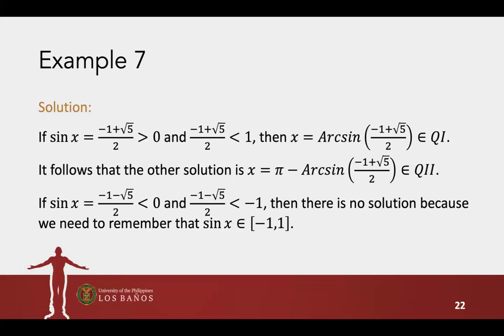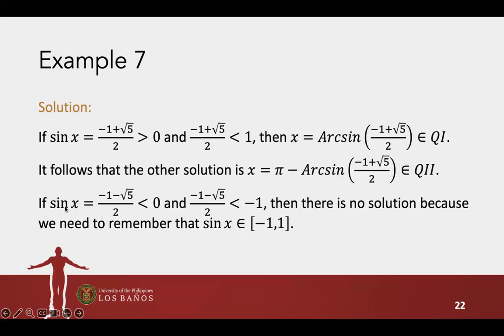So that means if it's in between negative 2 and negative 3 halves, it must be less than negative 1. But take note again that the range of sine x is from negative 1 to 1 only. Anything outside of that can't be a value of sine x.